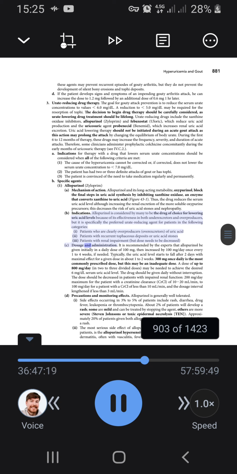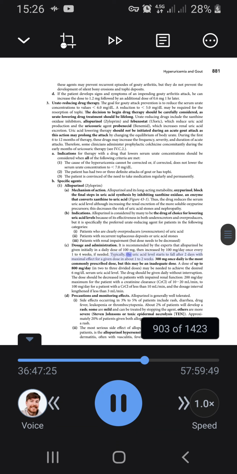Dosage and administration. It is recommended by the experts that allopurinol be given initially in a daily dose of 100 milligrams, then increased by 100 milligrams a day once every 1 to 4 weeks, if needed.